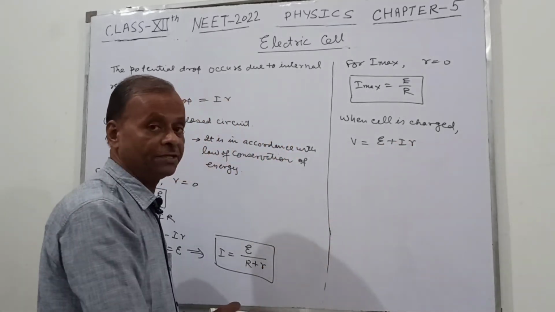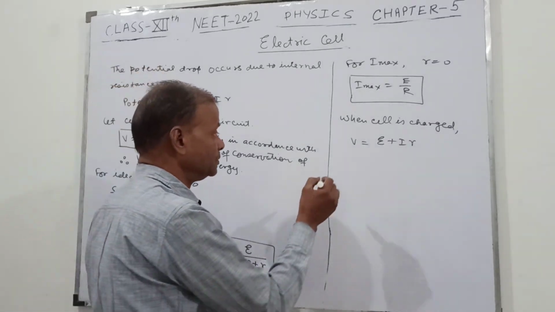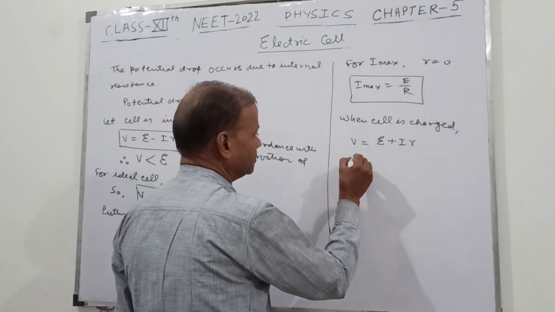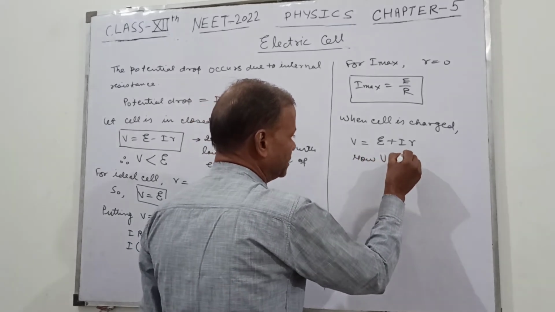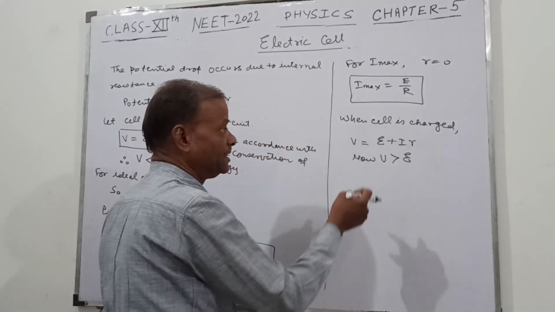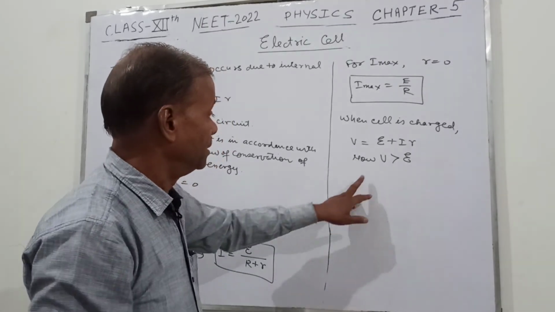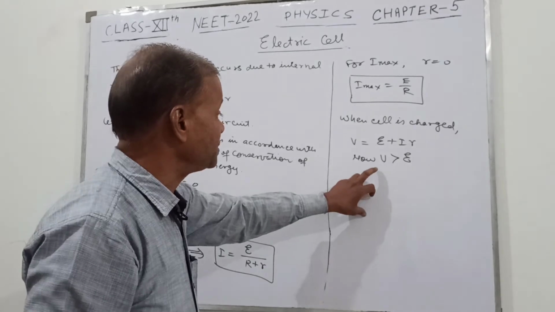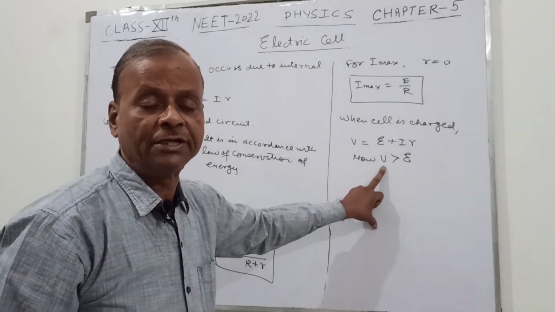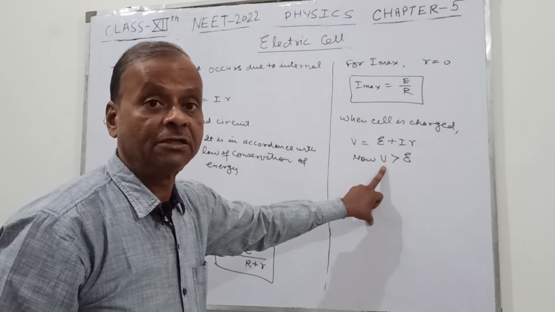Now the terminal voltage is greater than E. So when the cell is charged, the terminal voltage is more than the EMF of the cell.